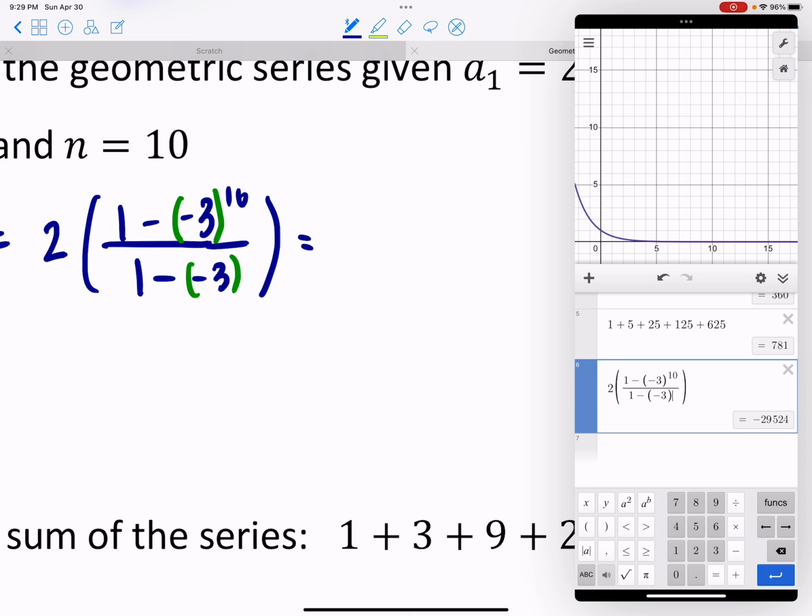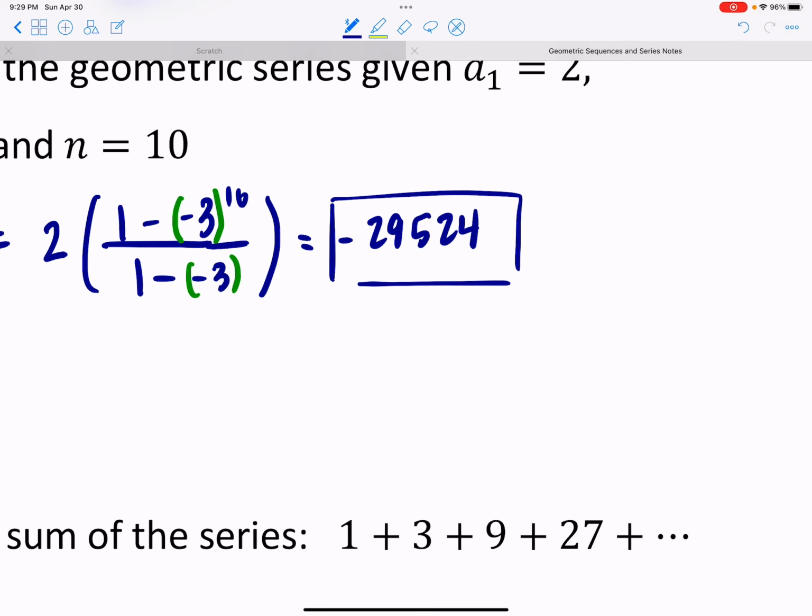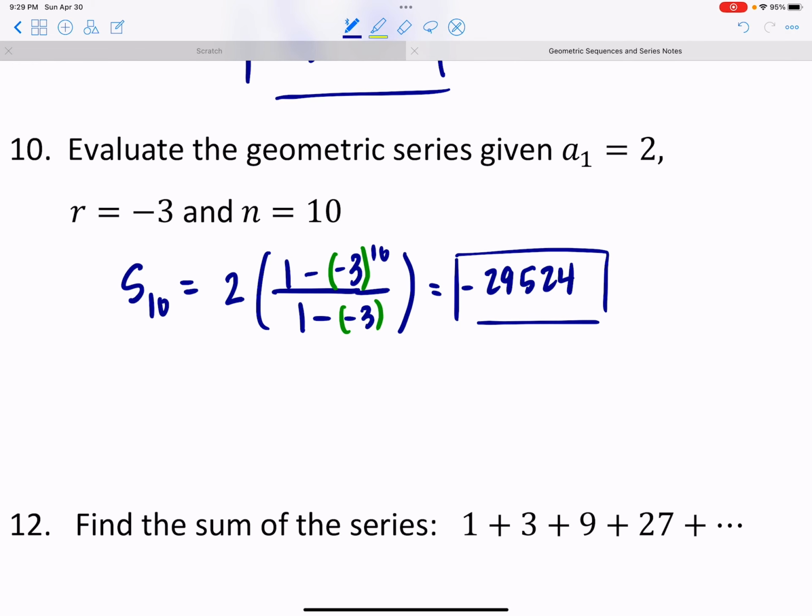So this is going to be negative 29,524 for our sum. And it should make sense that the sum is negative, not positive. Think about it, it starts at 2, and then we're going to multiply by a negative. So positive times a negative is going to be a negative.